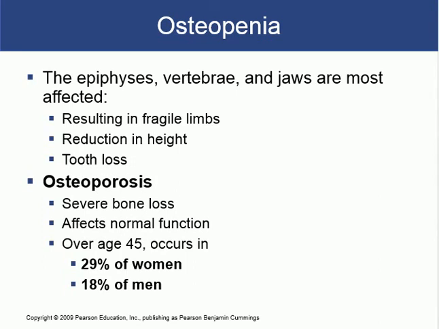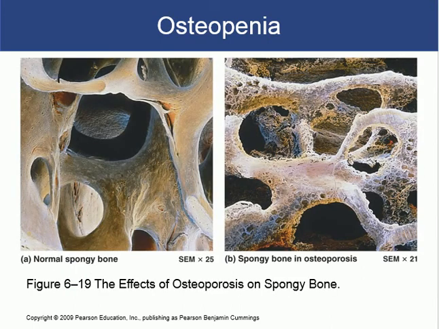Osteoporosis, this is the porous bone, and as I mentioned, it can occur in both males and females. Okay, and what's the main thing here? What is lost here? Estrogen. And this is the osteoporosis. Look how the bone is porous. Look.